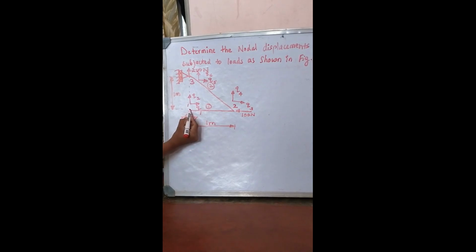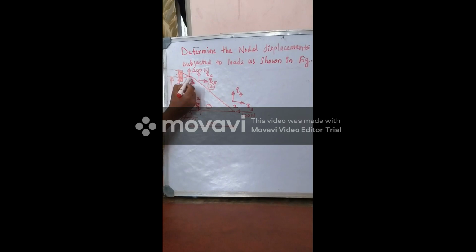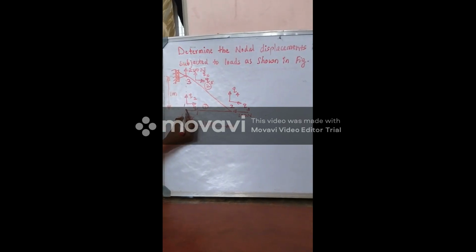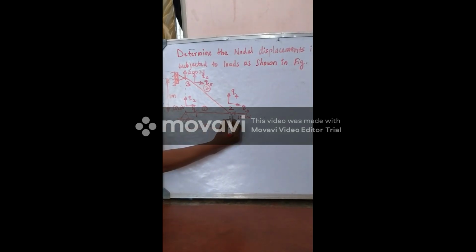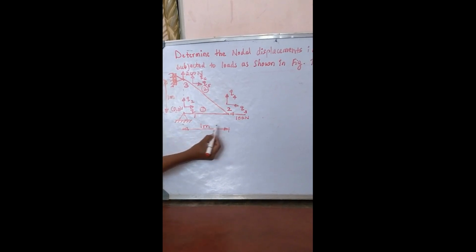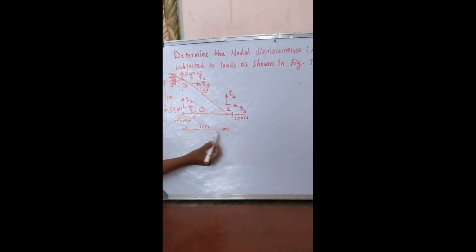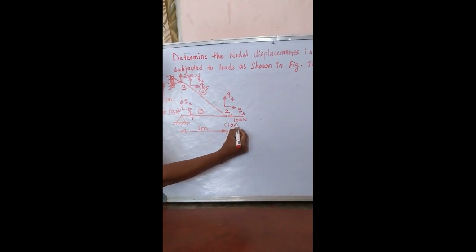Now let us write the coordinates for node 1, node 2 and node 3 respectively. Now this will be a reference node, so the coordinates for node 1 will be 0, 0. For node 2, from this reference point, the distance of node 2 from this origin point is 1 meter. So x distance is 1000, 1 meter.